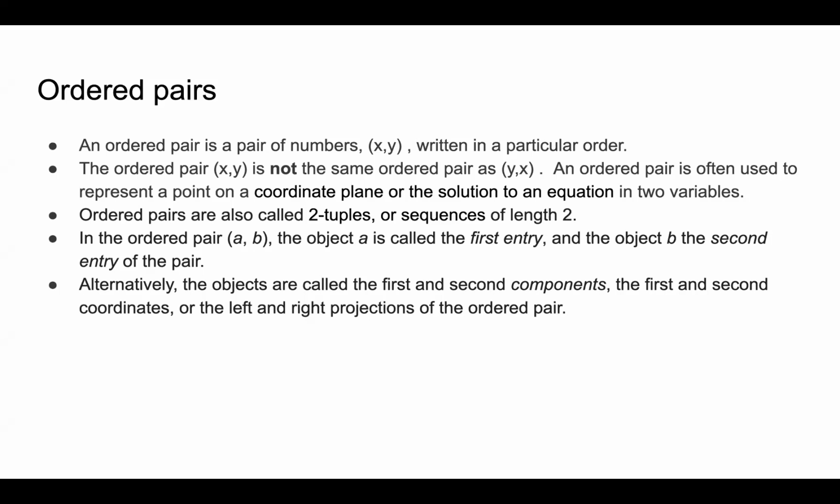That point will have some value of x and some value of y, and that will be unique. So that will be called an ordered pair, values of x and y for a coordinate plane.